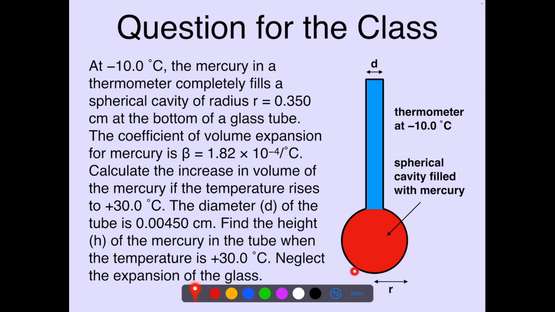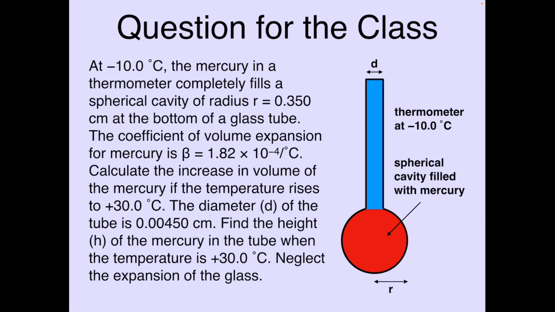The mercury in the thermometer is completely filling this spherical cavity at the bottom of the tube, but none of it has actually gone up into the tube yet. So the coefficient of volume expansion for mercury is beta equals 1.82 times 10 to the minus 4 inverse degrees Celsius.